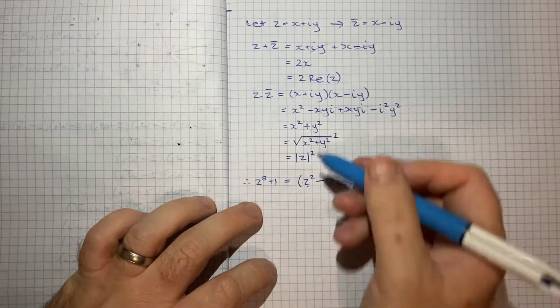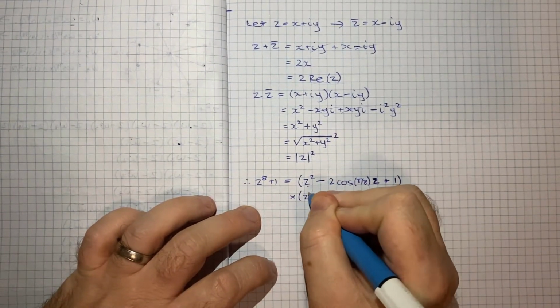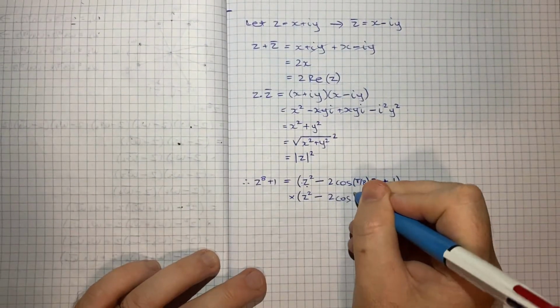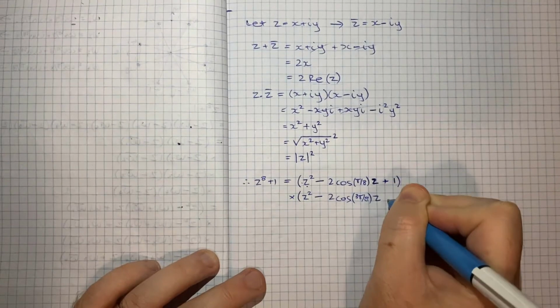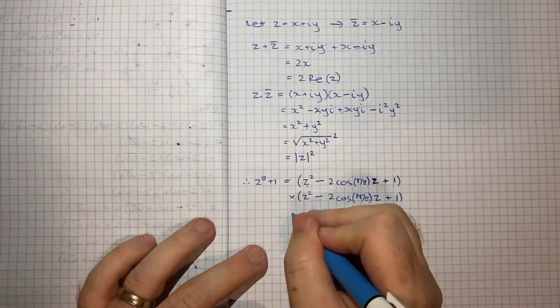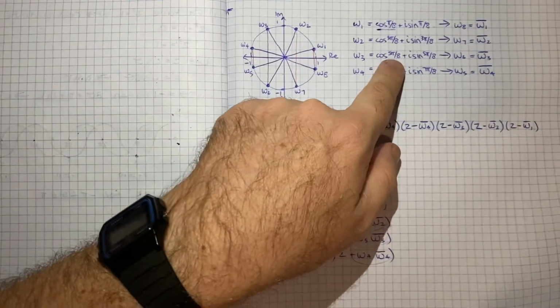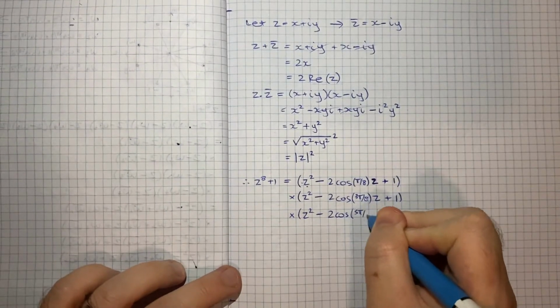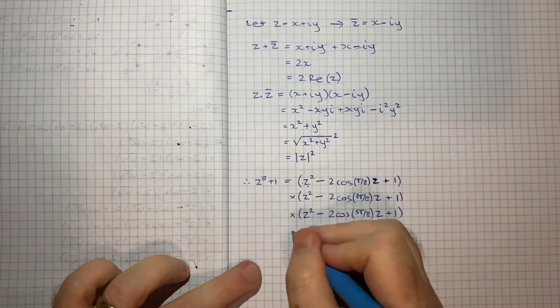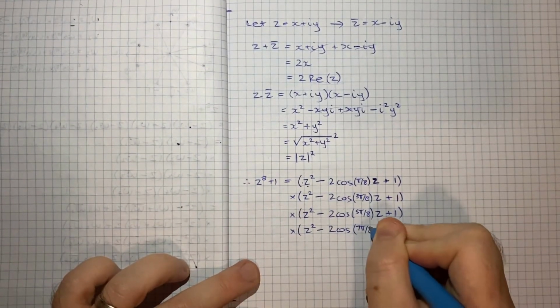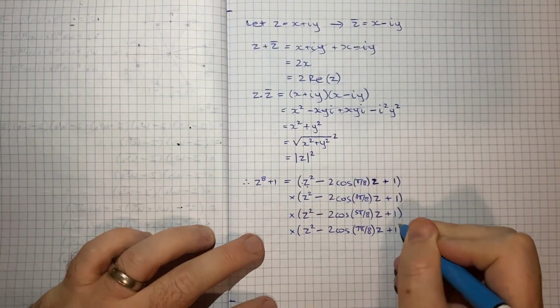And we're going to continue the pattern. So we'll get times z squared minus 2. In this case, the real part of omega 2 is cos 3 pi on 8. So cos 3 pi on 8 z plus 1, same modulus. Then z squared minus 2 cos 5 pi on 8, z plus 1, and then finally z squared minus 2 cos 7 pi on 8, z plus 1.